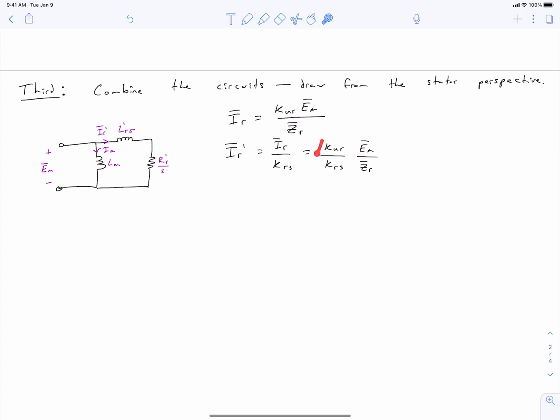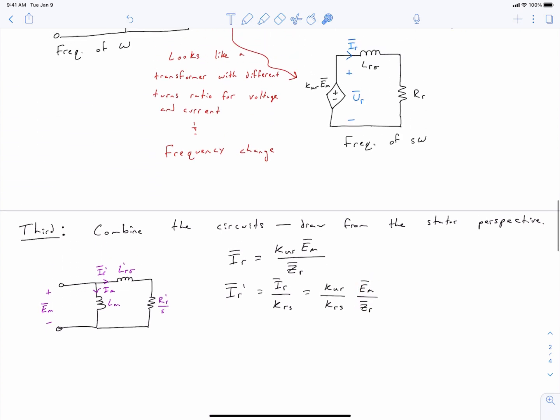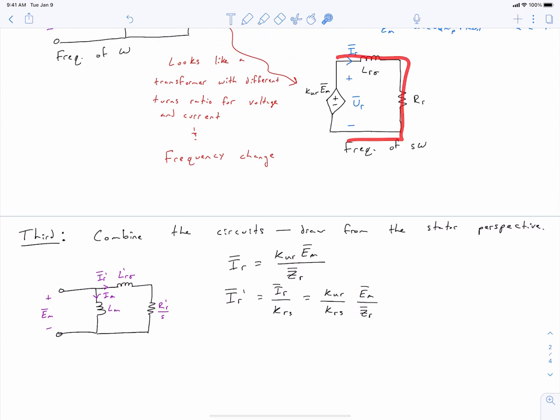And so we end up with this expression where we've got our rotor current in this branch in terms of our back EMF divided by our phase impedance of this circuit here. From this we can see what ZR prime must be, and it must be the combination of these terms.